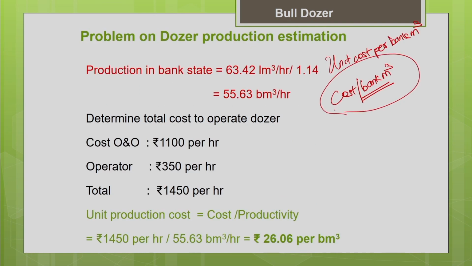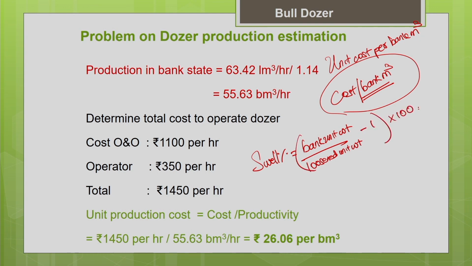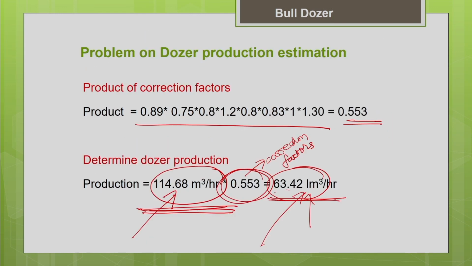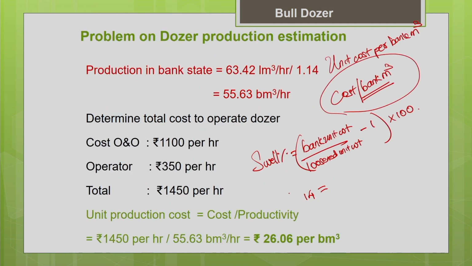The same swell percentage formula you can use for the conversion. Your swell percentage is nothing but bank unit weight by loosened unit weight minus 1, into 100. The swell percentage is 14 for the soil. One more thing, here it is in volume, loose meter cube, but the formula is in unit weight, density.